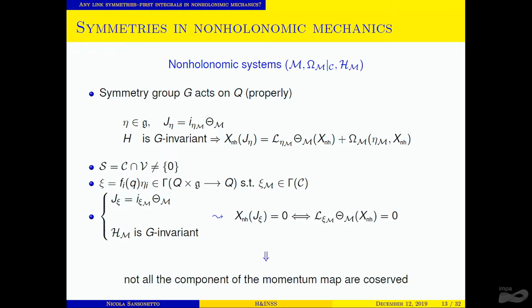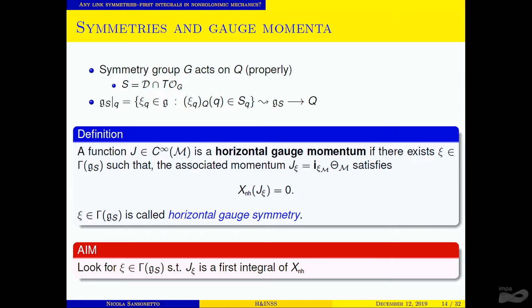So what is clear is that new concepts were necessary. So let's go for this new concept, that is this definition. We define a distribution S, which is exactly the intersection between the constraint distribution and the tangent space to the group orbit. Okay?